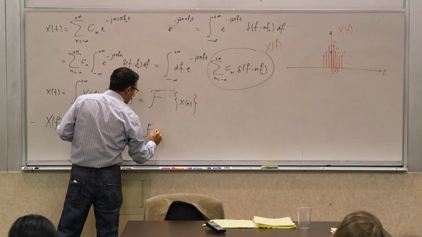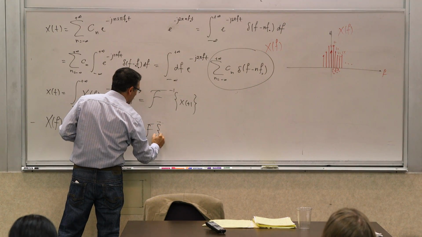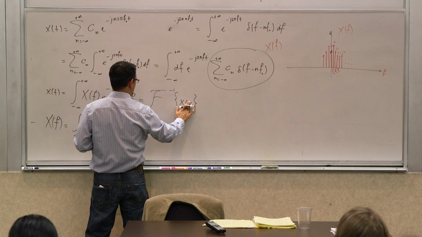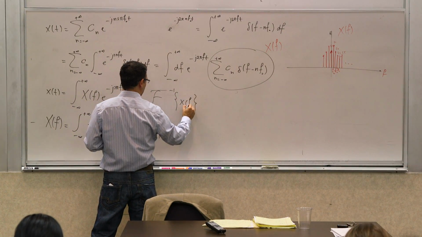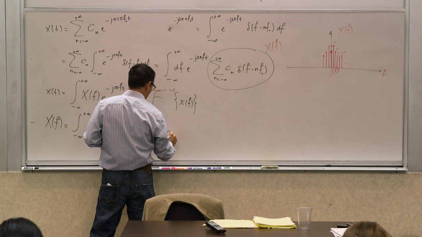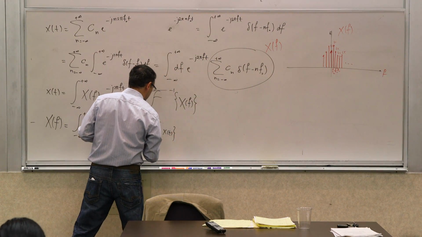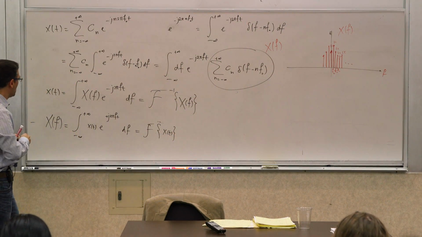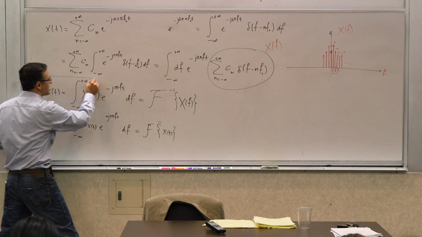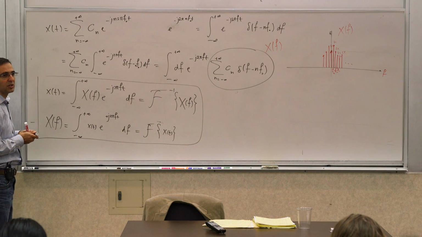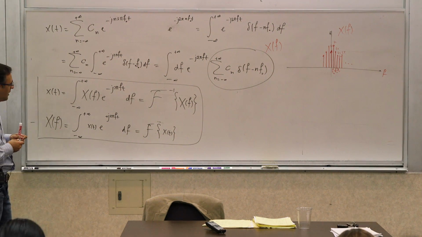And this is the Fourier transform of x of t. This is capital X of f. So this is the Fourier transform, and this is the inverse Fourier transform. You've got both of them here.